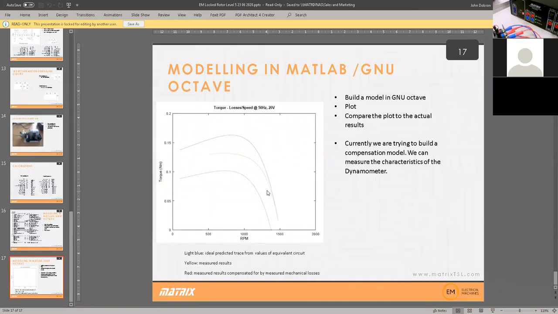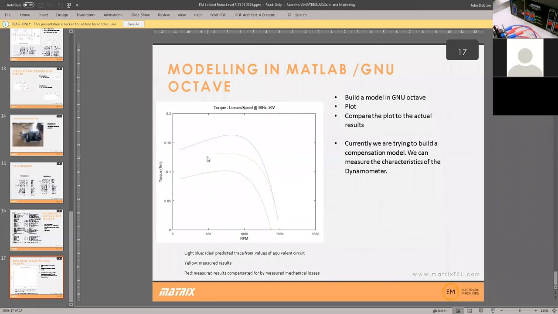The yellow line is the measured results. And so you can see, of course, there's a difference. Now that difference is down to some losses in the system, and they're losses in the dynamometer, mostly mechanical losses because of the bearings in the cradle.